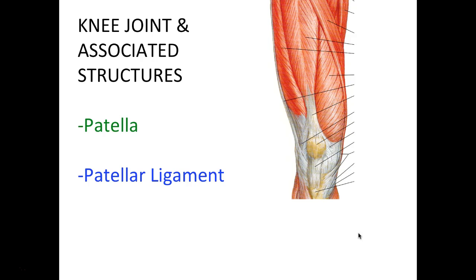Okay. All right, so now we're going to discuss our knee joint and some associated structures. So we'll start off with the patella, and our patella is a sesamoid bone, meaning it's encased in tendon. It doesn't really truly articulate with any other bone here. It's kind of sitting on top.